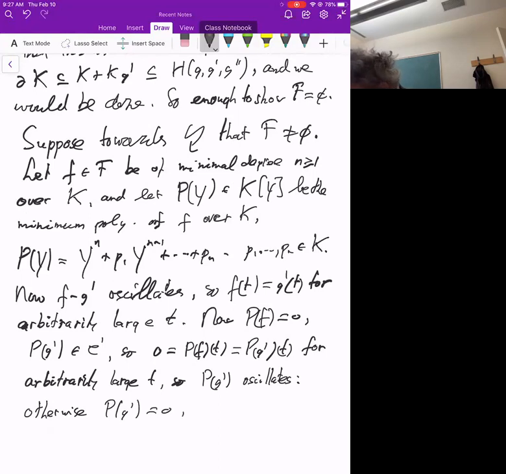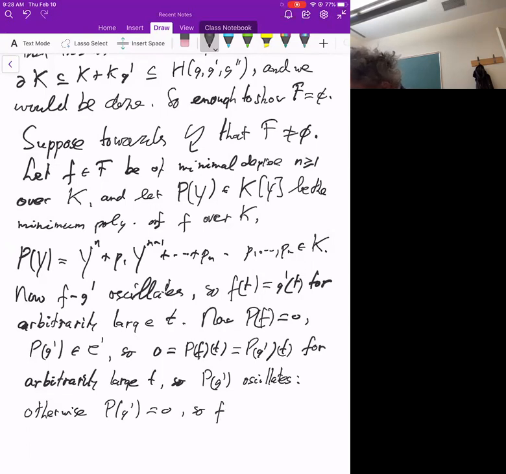But then you have P(f) is 0 and P(g prime) is 0, and they are both continuous germs. And then by an earlier result, 133, one of the earliest results, since also f(t) equals g prime(t) for arbitrarily large t, they have to be equal.